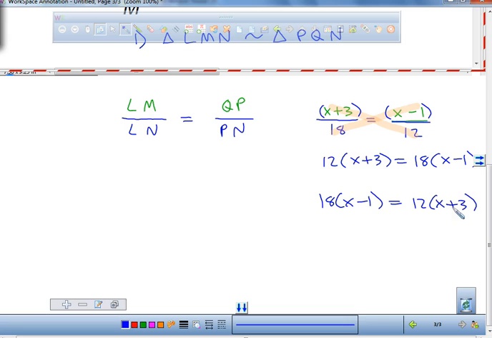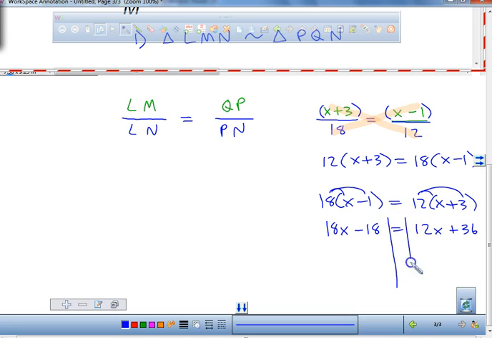Just know that your cross products are equal. These are the same statements. So, distribute to both. Since I set it up like this, I'm going to solve it from here. I have 18x minus 18. This is called the distributive property, where you multiply the 18 to both numbers. So I also have to do it over here, which is 12 times x plus 36.